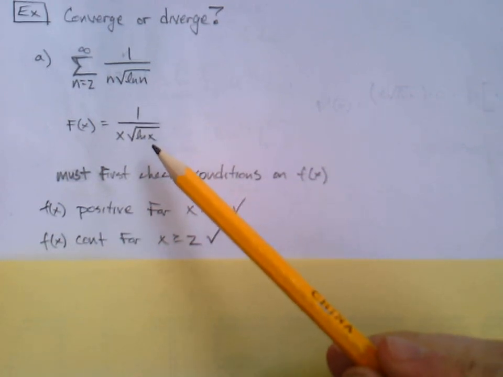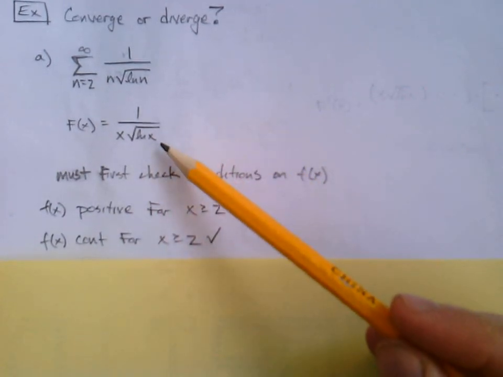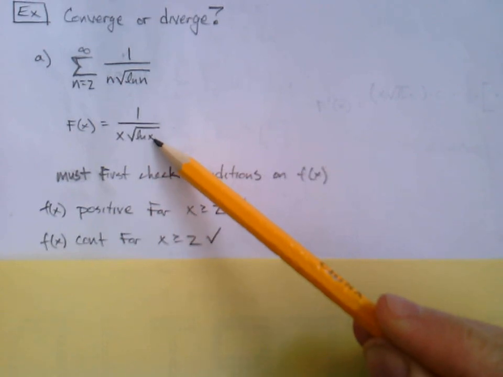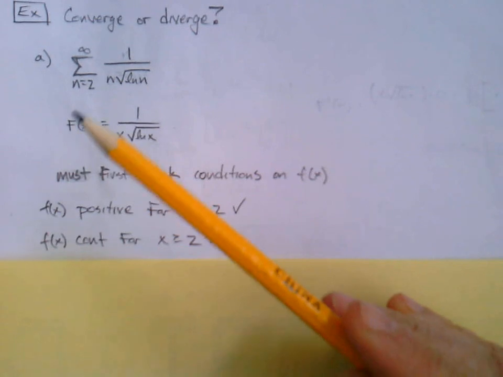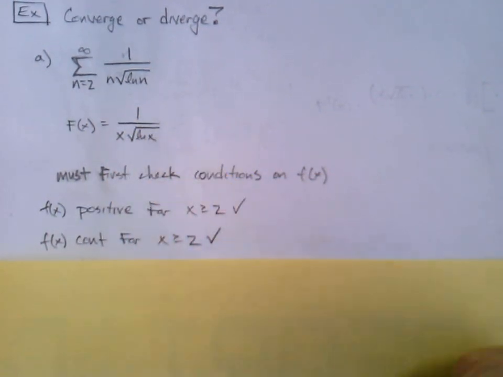That would be the issue to break continuity. And nope. You know what though? If x was equal to 1, we'd be dividing by 0, natural log of 1. Luckily, we start at 2, and so we avoid that. Maybe that's the reason why it starts at 2, to avoid dividing by 0 at 1. But if you're 2 or bigger, yep, it's always going to be continuous, no problem.